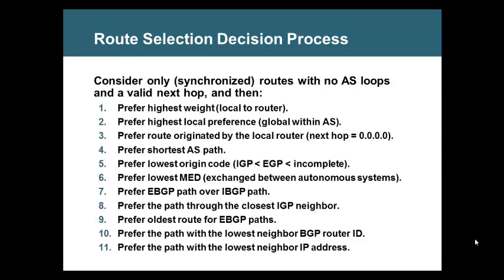When an IBGP router learns a route from another IBGP router, the IBGP router will not put its own address as a next hop. It carries the address given by EBGP. This is the next hop behavior in BGP.